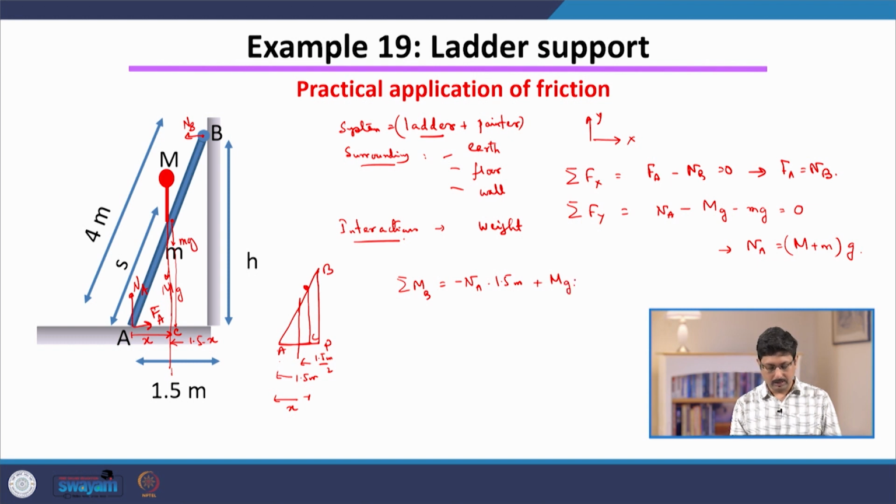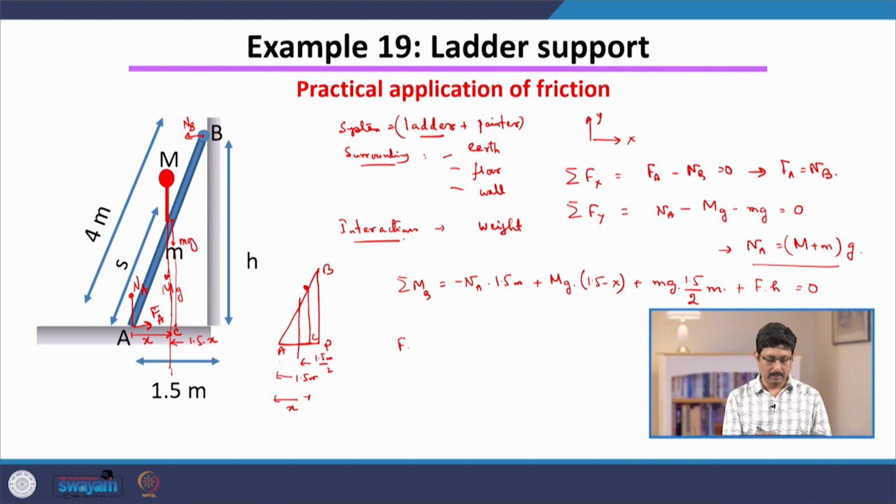So, this is m g times 1.5 minus x, and the torque due to the weight of the ladder is m g times 1.5 divided by 2 meter, and the torque due to the friction is F times h, plus F times h, and this torque is balancing. So, they sum to 0. Now, we can simplify it a little bit. Use this condition, so that we get that.